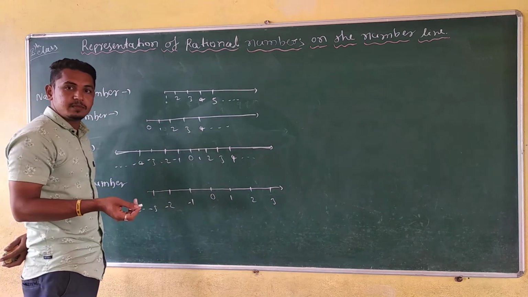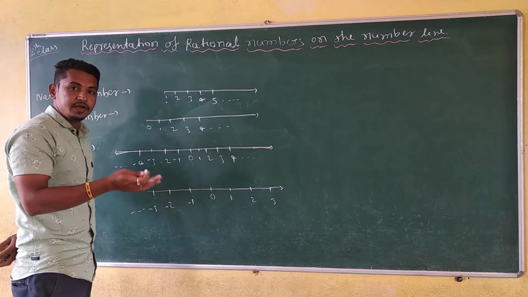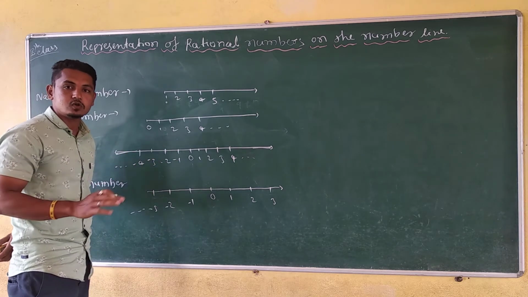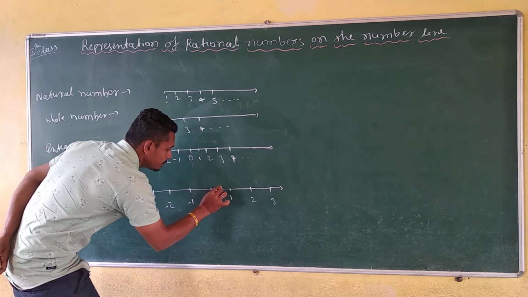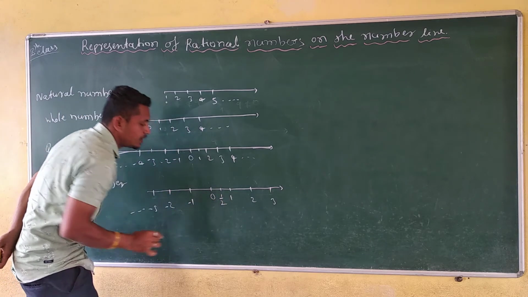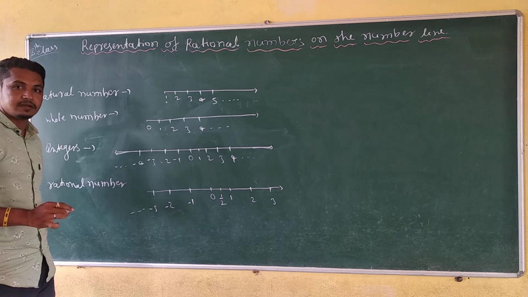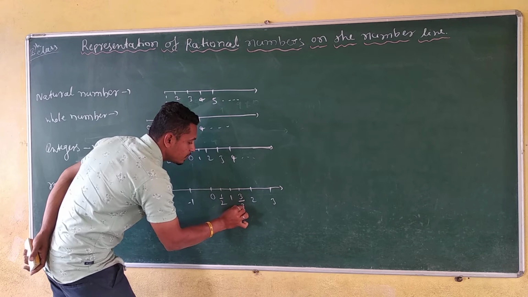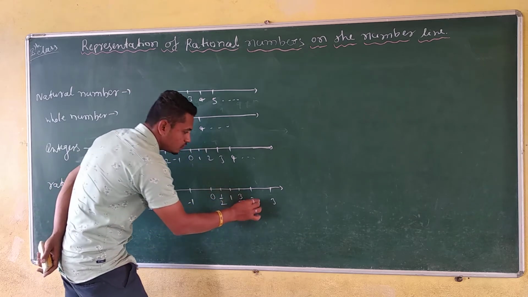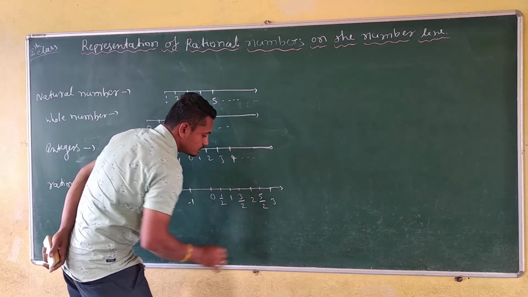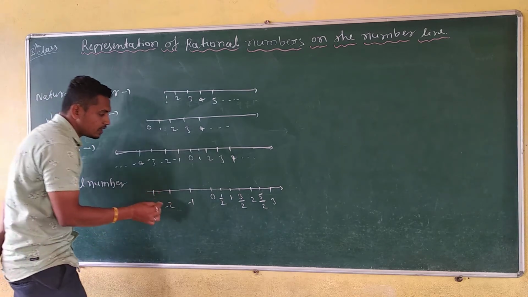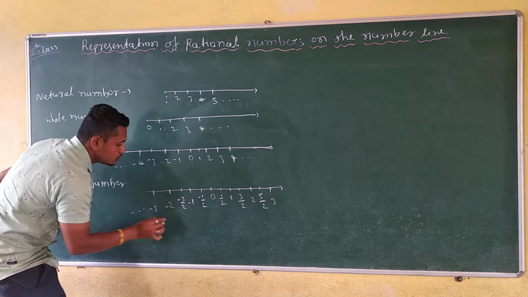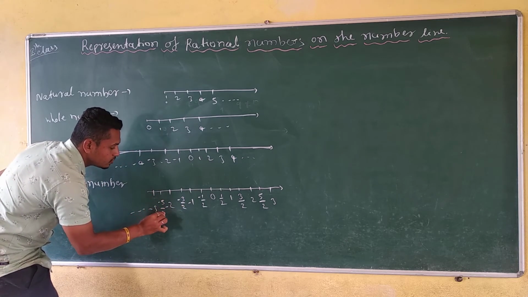Now represent the rational numbers. What are rational numbers? P and Q are any integers. It is in the form of P divided by Q and Q is not equal to 0. So now see here, 1 divided by 2, 2 divided by 2, 3 divided by 2, 4 divided by 2, 5 divided by 2. Here also the same: -1 divided by 2, -3 divided by 2, -5 divided by 2.